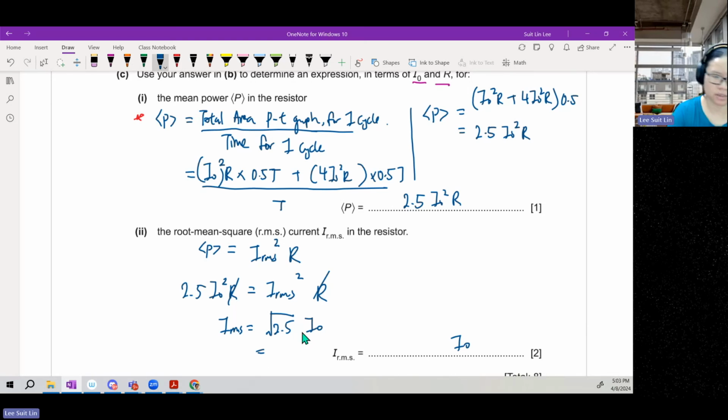I'll poke my calculator. The mark scheme allows you to keep your answer this way, but I don't want it to be a habit. So I will still press the calculator. 1.58 I0. So if you have the understanding that this one is I0 square R, it's 1 mark, this one is 1.